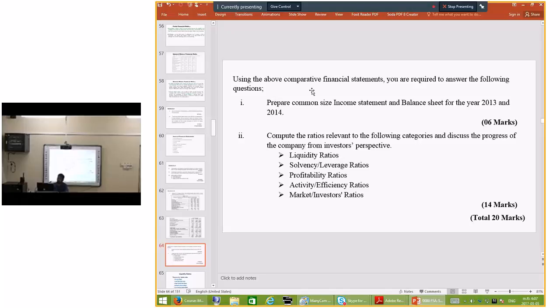Then you have to consider as many ratios as possible: market ratios, investor ratios, earnings per share, dividend per share, then price earnings ratio, all are very important. If you go to the profitability ratios, you can take net profit ratio, gross profit ratio, return on asset, return on equity, return on total assets. Likewise, you can calculate them, right?